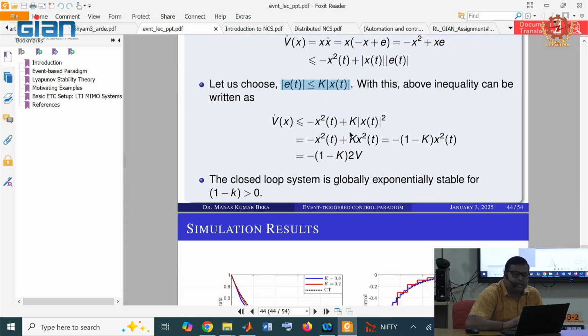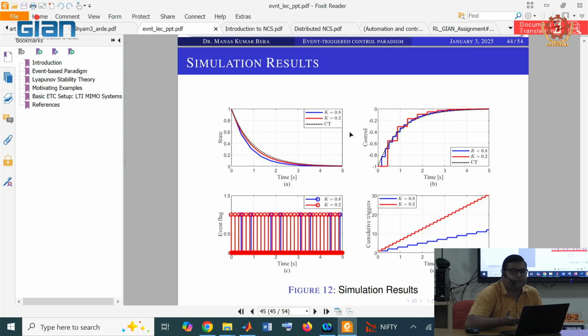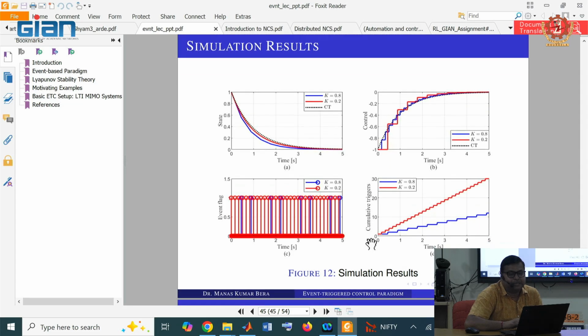Something like that, and you see it has been plotted for this particular small example. You can also try this one. The dotted one is the continuous one, and for two values of k we have plotted 0.8 and 0.2. The control law is this, and this figure is very interesting, because for the red one, this is the cumulative triggering, meaning how many triggerings you are doing to stabilize the system.